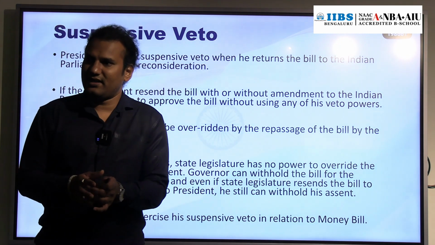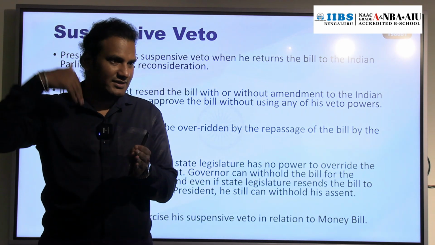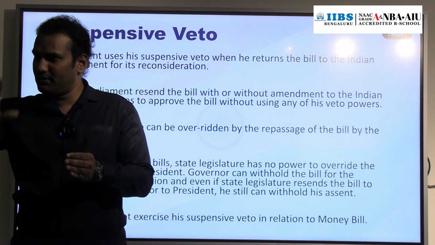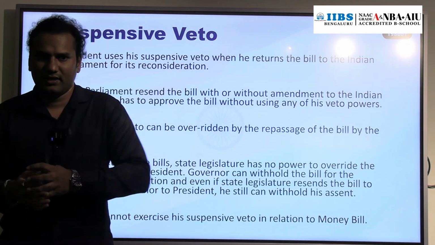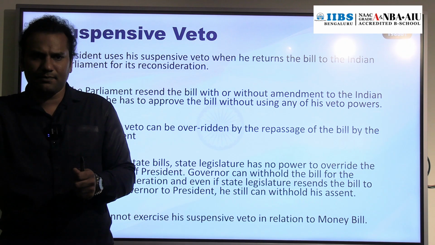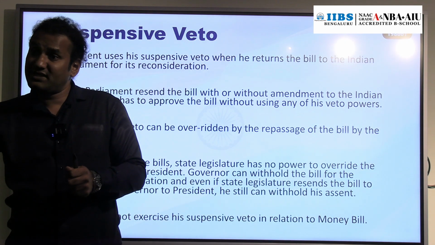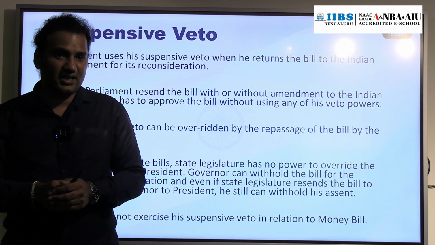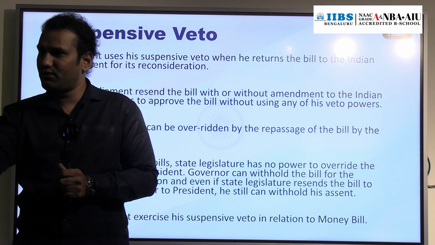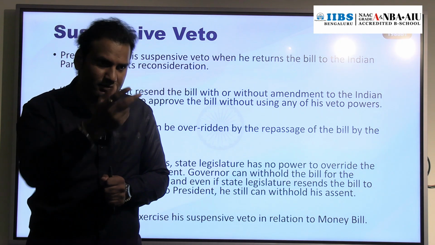Same thing. What is that? A bill is introduced in one house, passed in that house, then sent to another house, where it is introduced, discussed and passed. Then the bill is sent for the assent of the president. We discussed absolute veto: if the president rejects the bill, that is absolute veto. But rather than rejecting, the president returns the bill. Here there is one term, returns. In absolute veto, the bill is rejected and becomes dead.